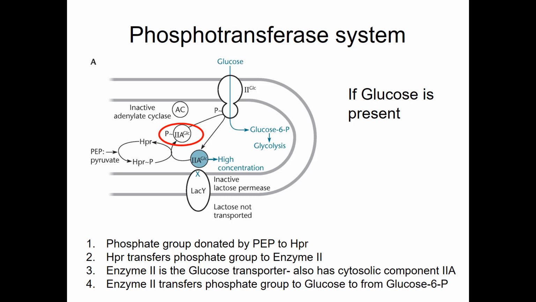If glucose is present in the media, as glucose is brought from the outside of the cell to the inside of the cell, it takes the phosphate group from enzyme 2A to become glucose 6-phosphate. So again, glucose on the outside of the cell is non-phosphorylated, however, glucose inside of the cell is phosphorylated.